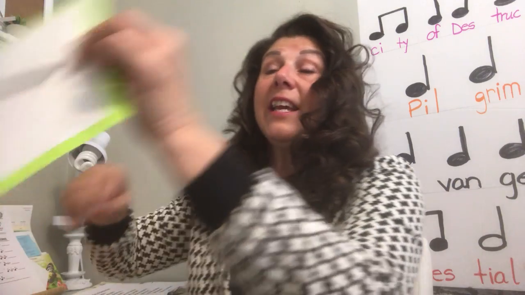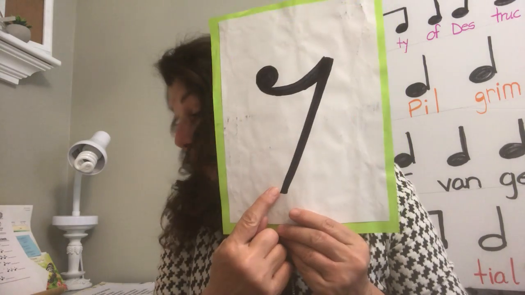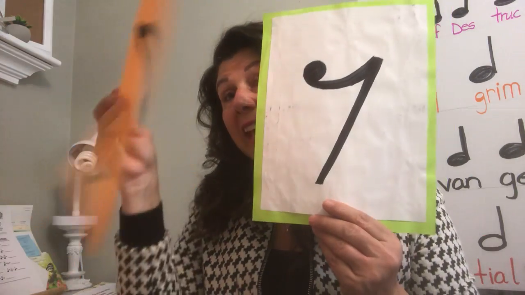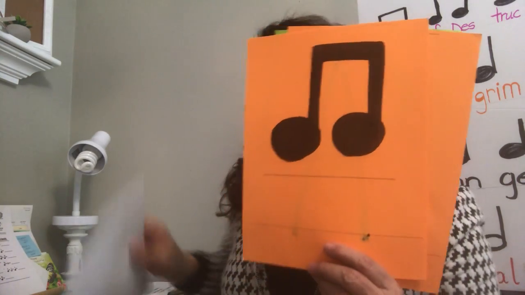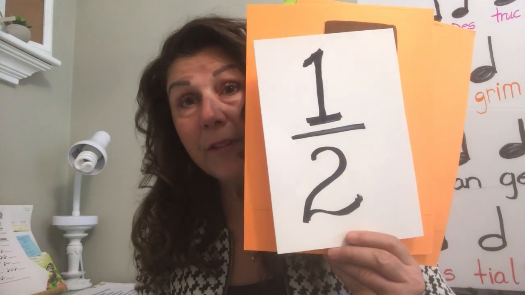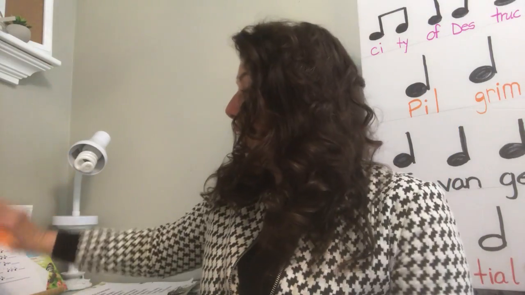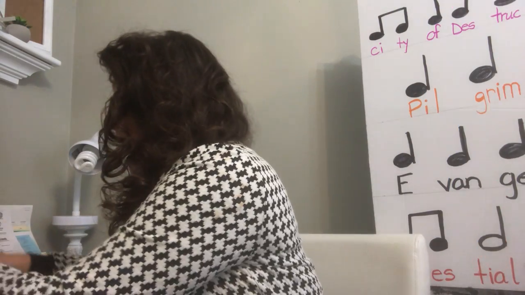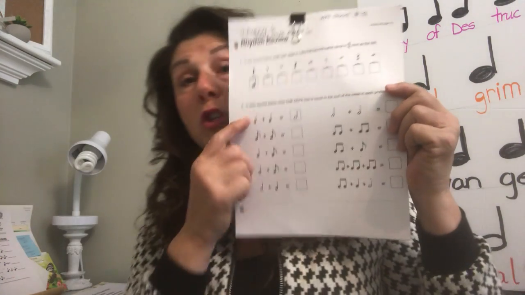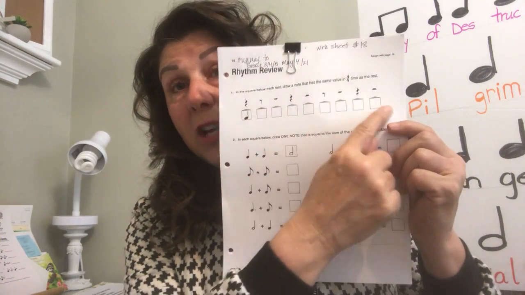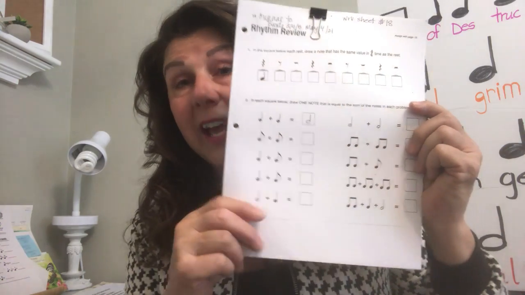And finally, the 8th rest and the 8th note. That's what it looks like if it stands alone. Very often we see it in pairs, okay? But an 8th note is worth a half beat. So if you can review those on your own a little bit too, that is very helpful to get through this worksheet. So what we'll do next week when we get together is we will take up all the answers to this.